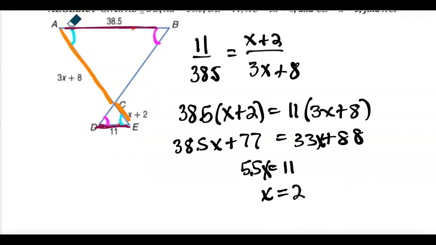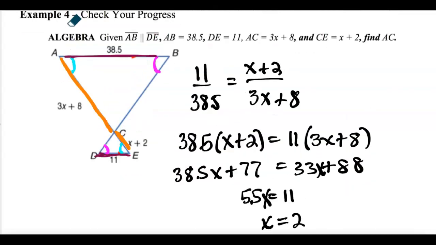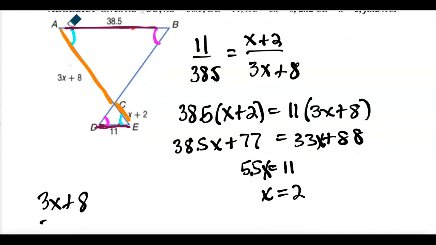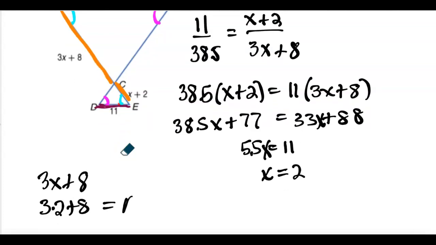So remember they were asking us to find AC, so we have to go back up and figure out from A to C. That was 3x plus 8. So if we put 2 in there, 3 times 2 gives me 6 plus 8. 6 plus 8 is going to give me 14. So AC is equal to 14.